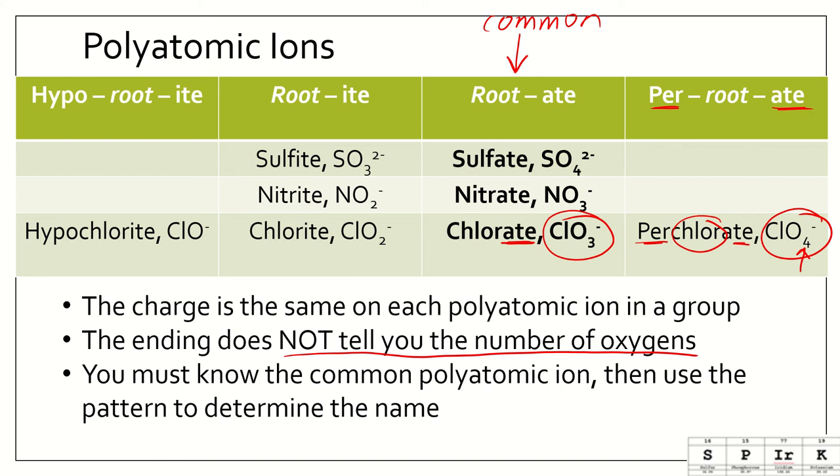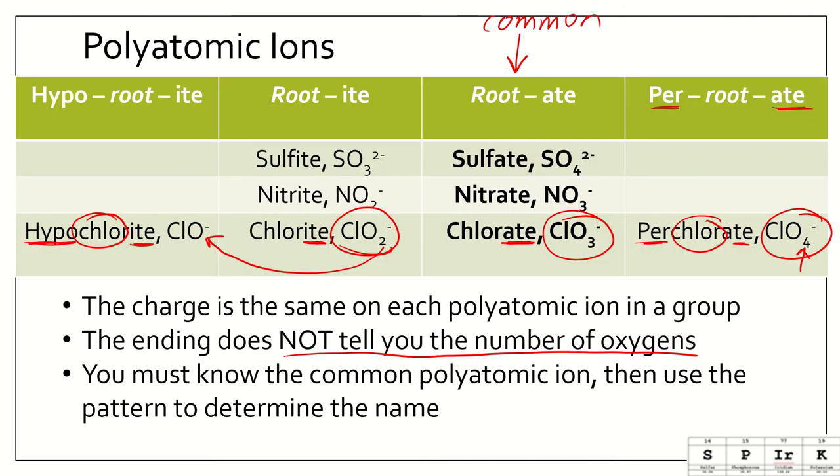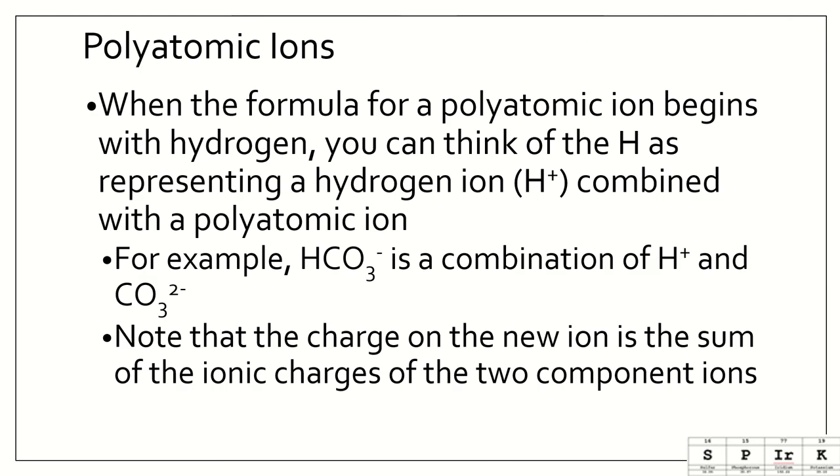And then as we go down the other way, we already know that ITE means fewer, so chlorite is ClO2-. And then here we have a prefix as well. Hypochlor is our root, and then ite, ClO-. So even 1 fewer oxygen here. This does get a little tricky, but we will get lots of practice. Honestly, the flashcards on Quizlet are your best bet.